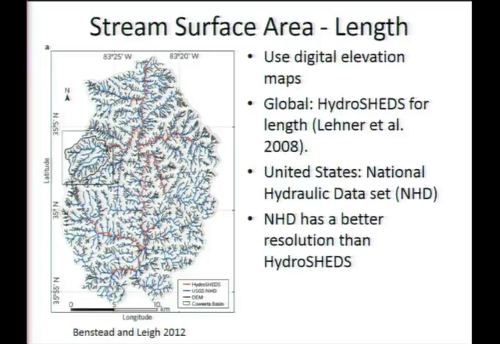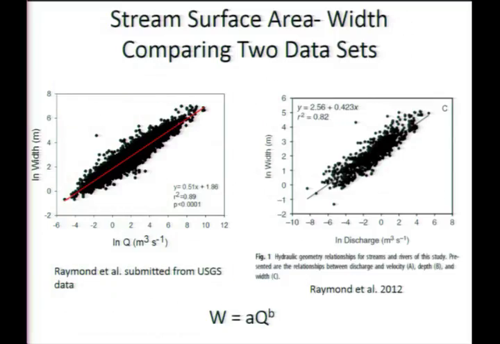And then what you have to do is try to somehow assign a width to each and every one of those lengths. And the way we do this right now is we've been scouring the literature and trying to create these hydraulic relationships between discharge and width.